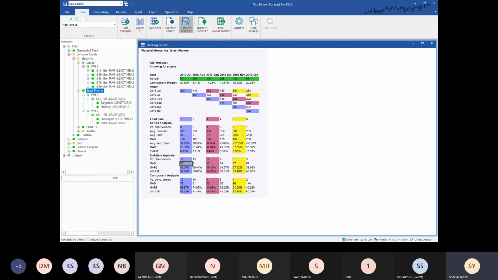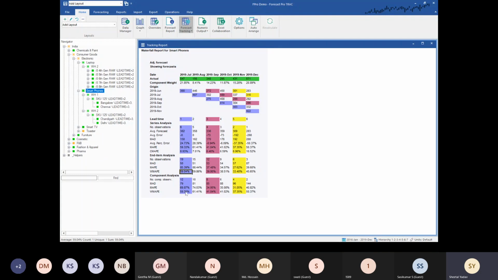Again, MAD would be calculated at the end item, and that's what the mean absolute difference would represent over here. Similarly for MAPE and for WMAPE, the absolute error is first calculated at the end item, then aggregated, and then divided by the actual value for the respective month.